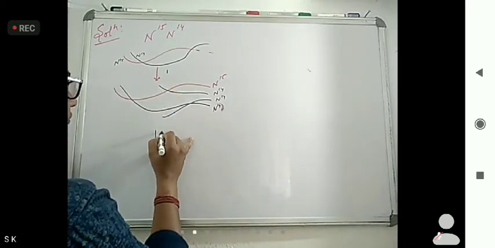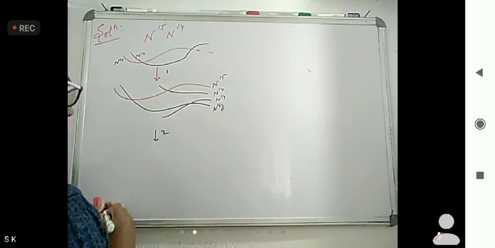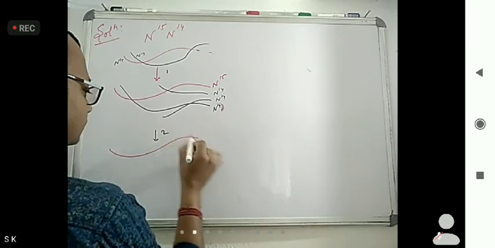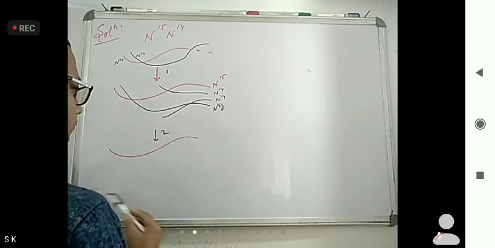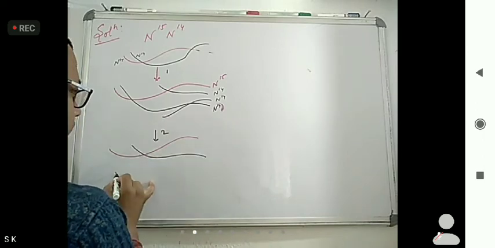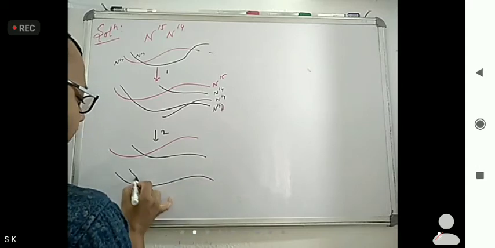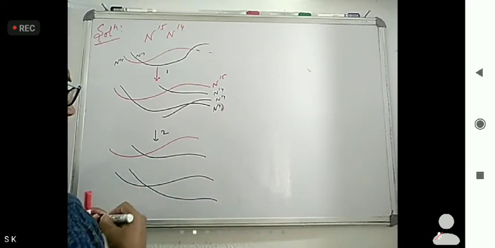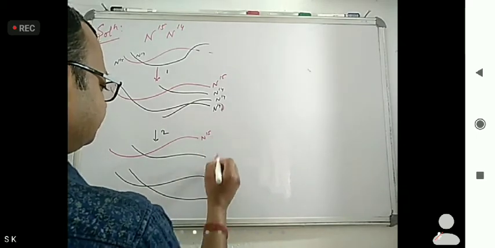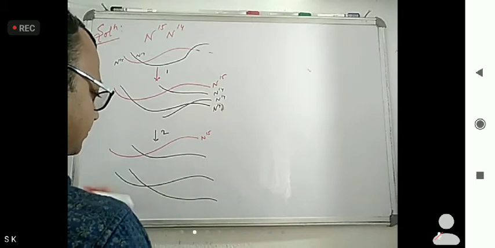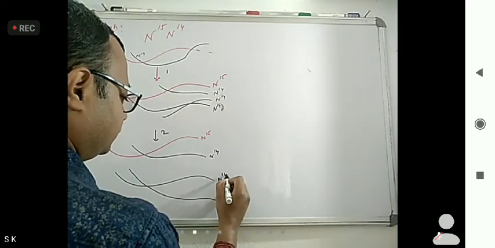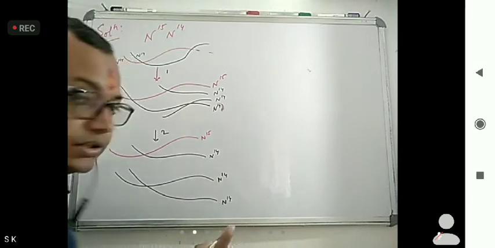Now come on second. So second, what things are coming? Here we see this is N15, this is N14, N14, N14. This is having.